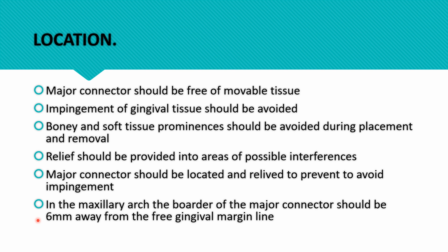In the maxillary arch, the border of the major connector should be 6 mm away from the free gingival margin line. That means there should be a 6 mm gap between the gingival margin line of the natural tooth and the major connector.